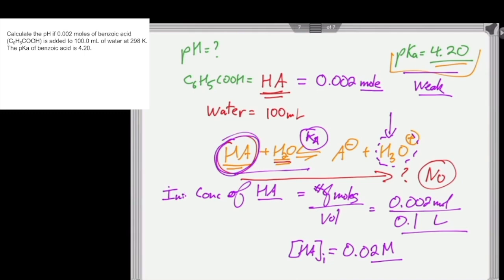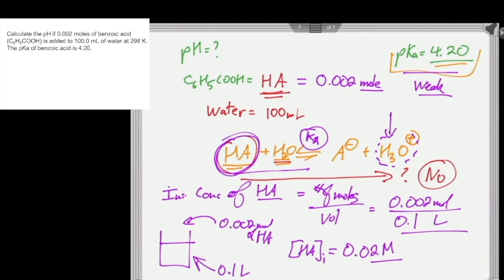Now remember, we talked about this concept last time. If I take HA, benzoic acid, I know the concentration. Initially, is the system at equilibrium? So imagine, here's my beaker. I'm going to put in 0.002 moles of HA, and I've got water that's 0.1 liters. The second that those two go together, this is not equilibrium yet.